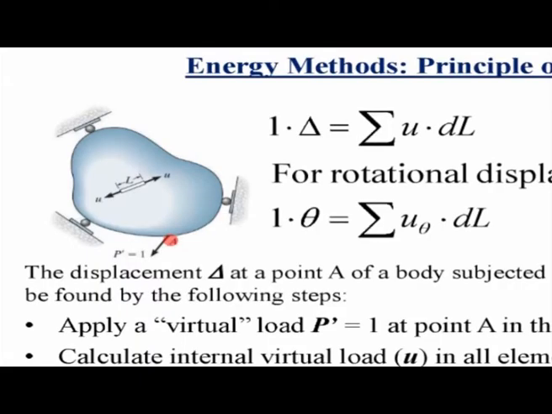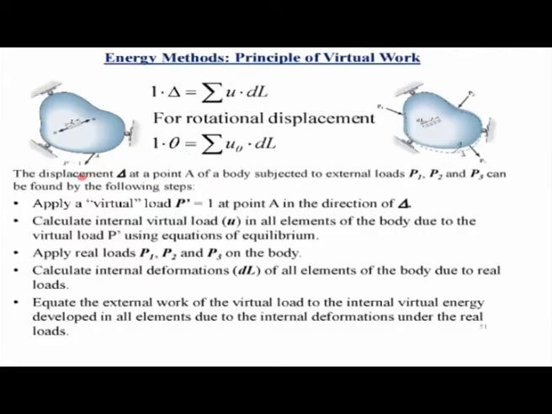So if we have to calculate the deformation of this point of that system in this direction that is shown here, at that point we apply a virtual load P dash whose value is equal to unity in the direction in which the displacement is required.